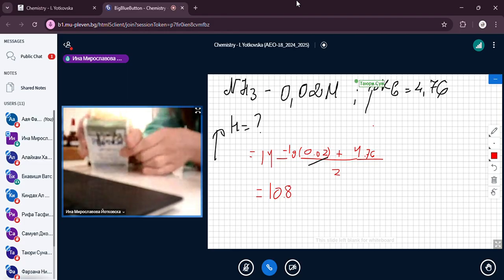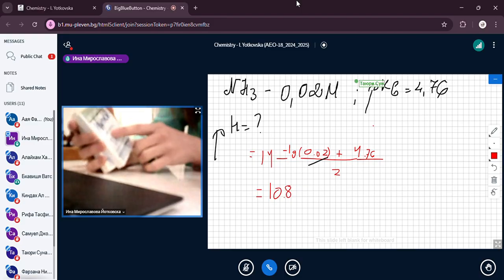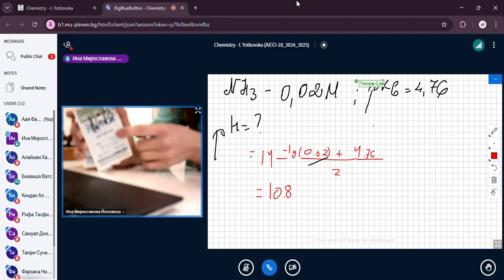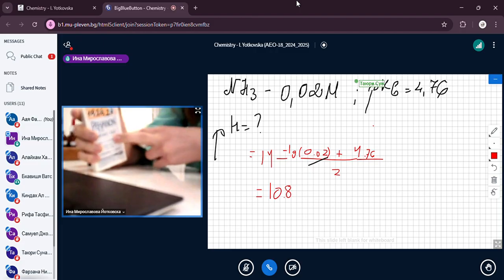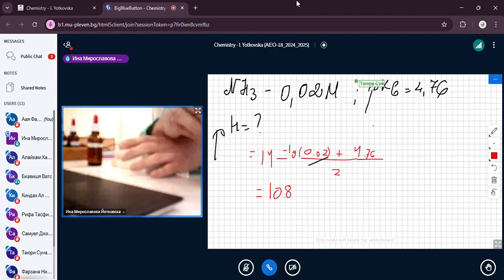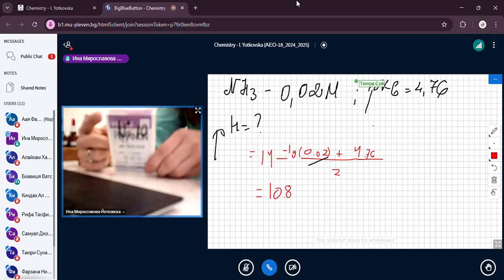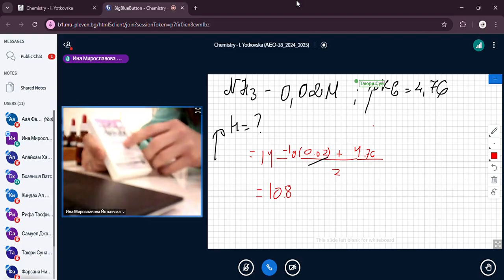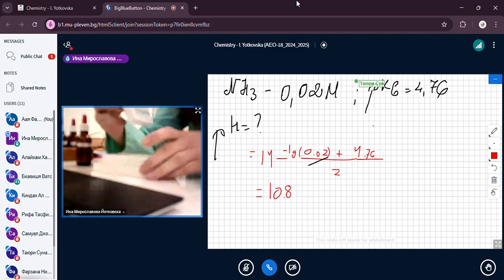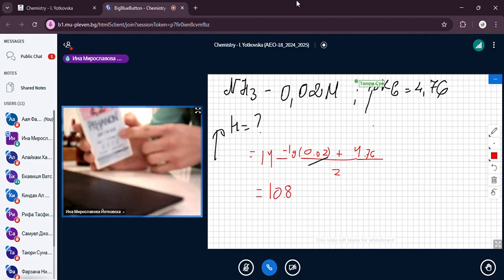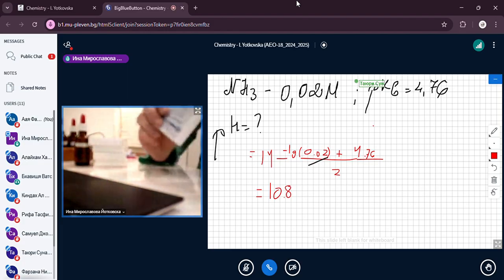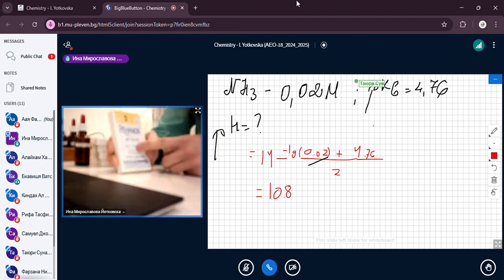For example, this one, the green one, which I show you, measures pH from 3.8 until 5.5. See how small the range. The orange one measures pH from 9.5 until 12. The violet, the purple one, measures from 10.5 until 13. The pink one measures from 1 until 2.8. And the yellow one measures from 1.8 until 3.8.